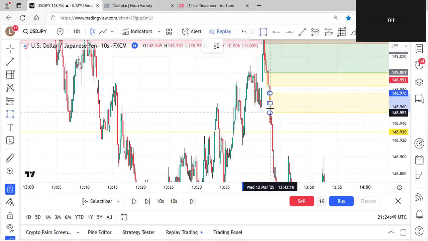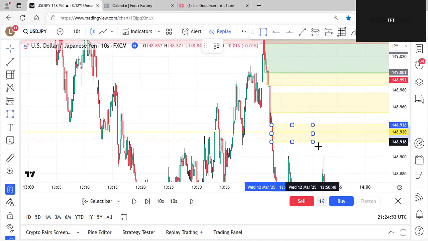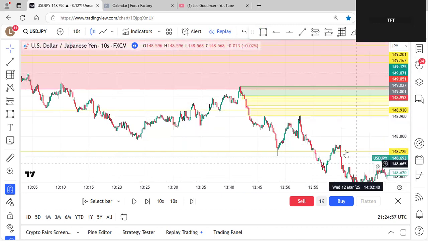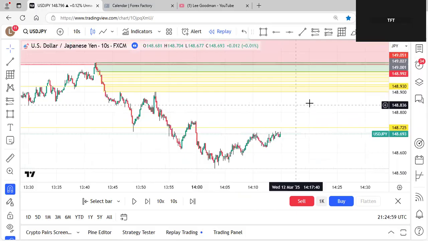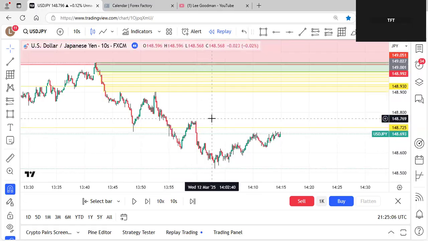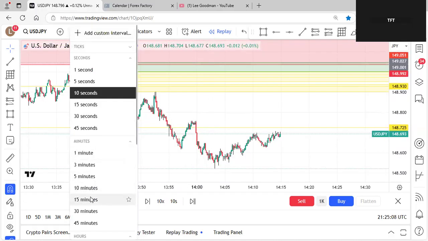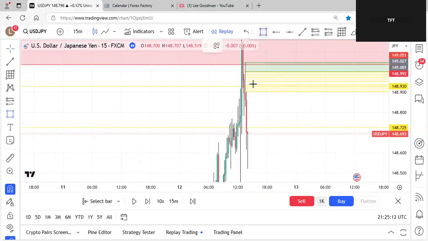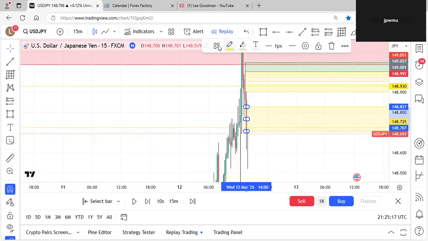So just for the sake of what we're talking about, you've got imbalance there, imbalance there, imbalance there. I think originally we were looking at this sort of area on the 15. Put it back on. So this is the original imbalance we've marked there.